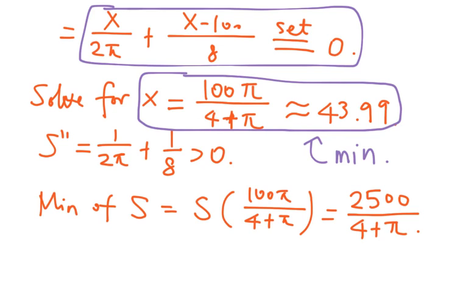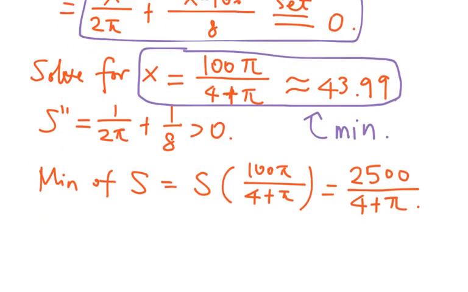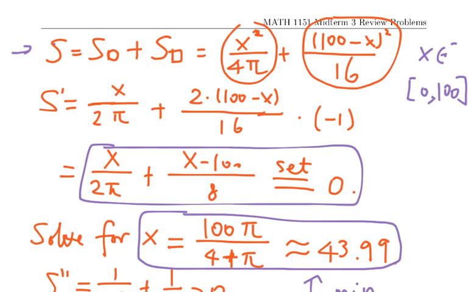But now we still need to find the maximum. And remember, here x represents the length, and that means x can only be between 0 and 100. Okay? So we're going to check the endpoints to find the maximum. Firstly we check the left endpoint, which is 0.